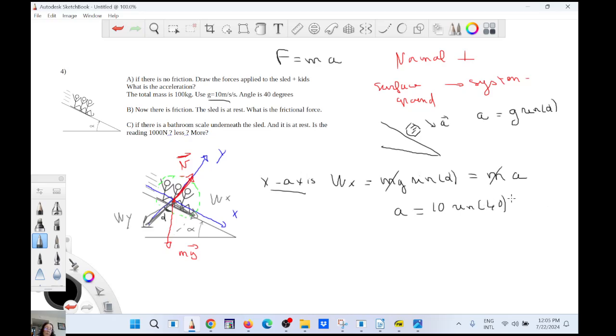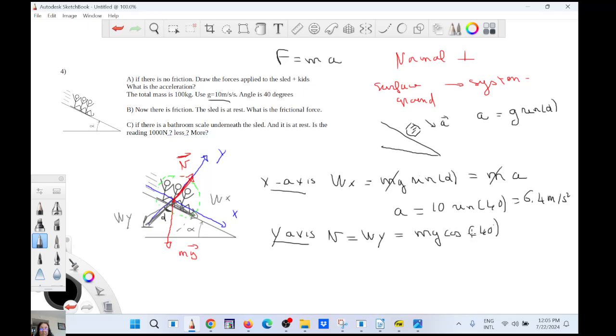It's about 6.4. Okay, so you can keep two digits if you want. And along the y-axis, you see that the normal force will be equal to the y component of the weight, which is mg cosine 40.